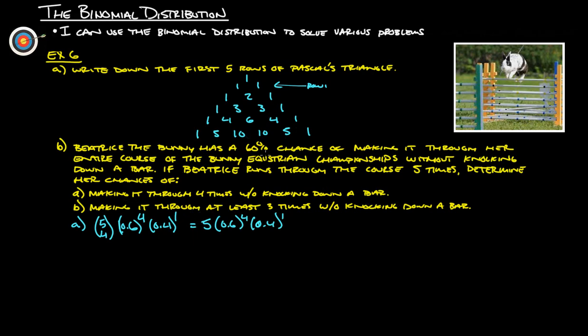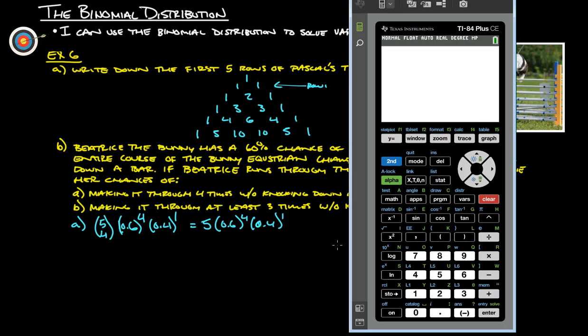There's other ways to do this, but it takes a lot of calculations. This is a little confusing at first, but once you get the hang of it, it becomes much less painful to go through and figure this all out. So let's calculate this out. We're going to do 5 times 0.6 to the 4th times 0.4 to the 1st.